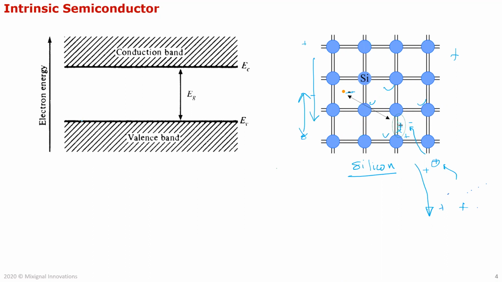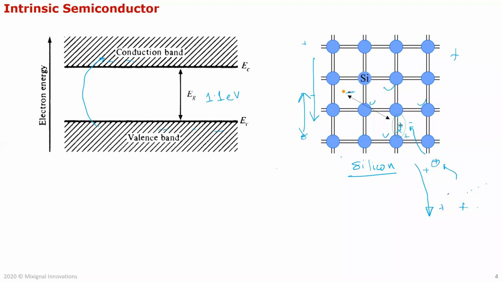And if you look at the band diagram, which I just showed before, it's the same thing. You have a valence band, a conduction band, and a forbidden gap of 1.1 electron volt. Most of the carriers are in the valence band, but at room temperature some of the bonds can break, though very few, about 1 in 10 to the power 10 atoms, which is far too little to do any meaningful conduction.